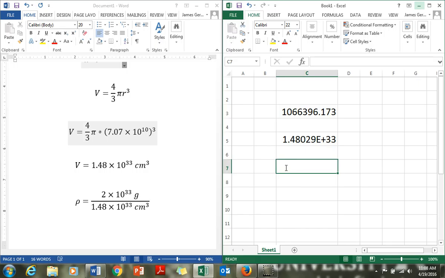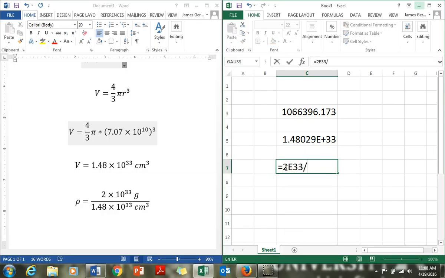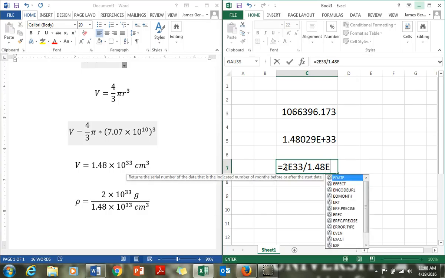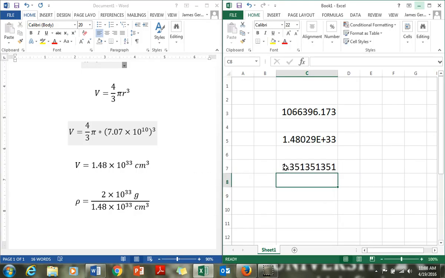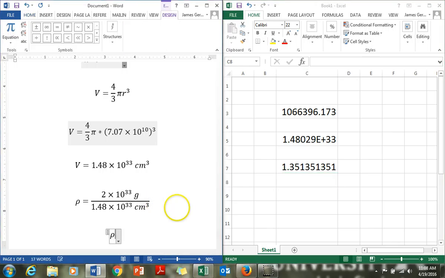So 2 times 10 to the 33 grams divided by 1.48 times 10 to the 33 cubic centimeters, and we get 1.35 grams per cubic centimeter. What's that? I got 1.35 times 10 to the 66.